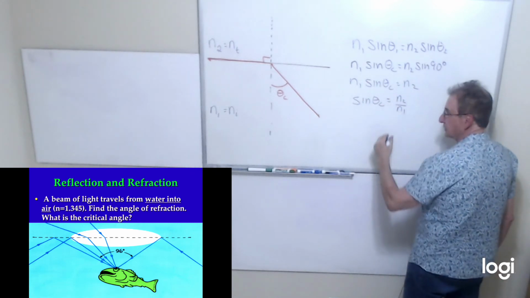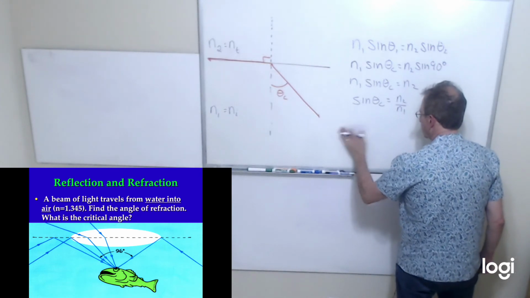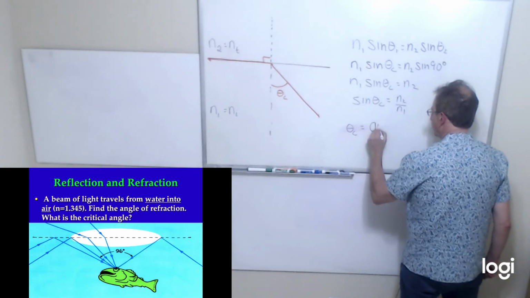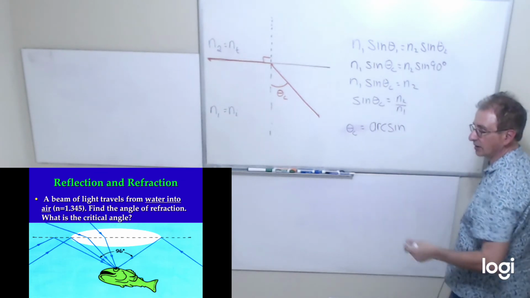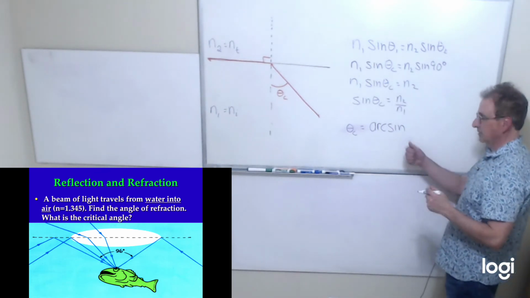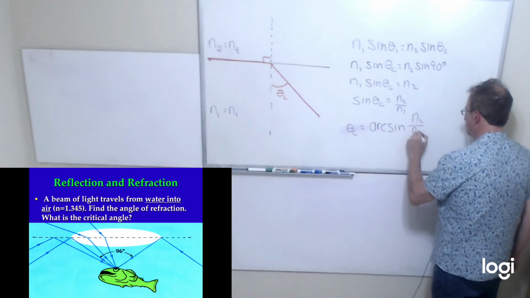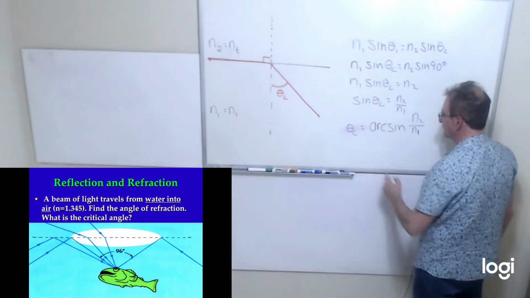We take the inverse sine of both sides, and we get theta sub c. I'm going to use arc sine instead of sine to the -1 because it's less confusing to students. And then I'm going to replace the 2 and the 1 with the transmitted and incident.